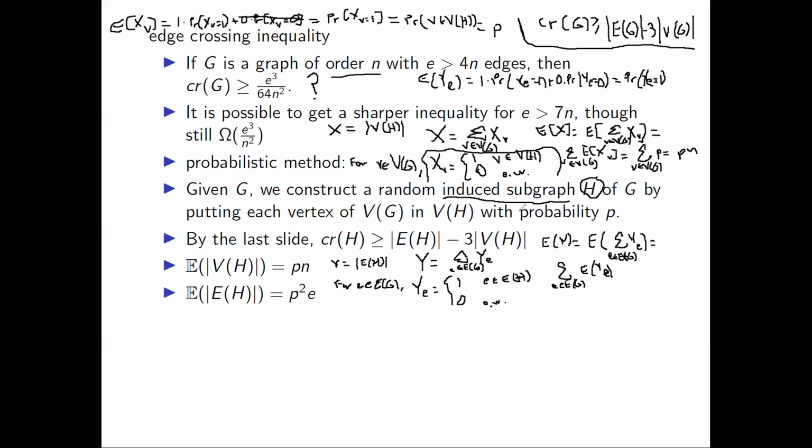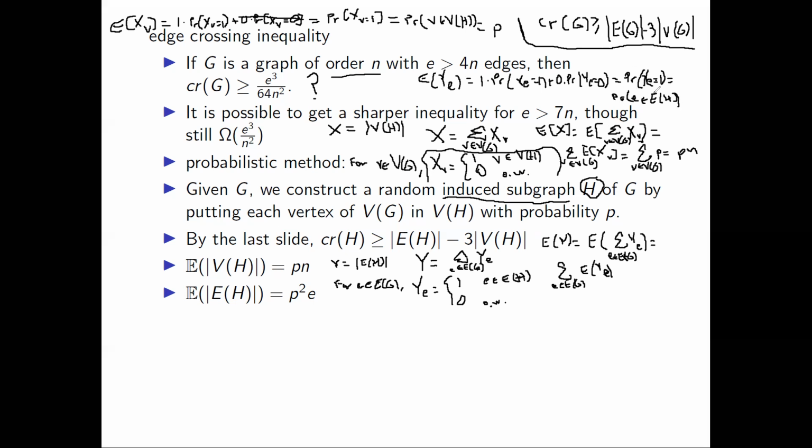And the probability that Y sub e equals 1 is just the same as the probability that e is in the edge set of H. And the probability that e is in the edge set of H is the probability that both of the vertices in the edge e were chosen for the vertex set of H. Both of those vertices were included independently, each with probability p.